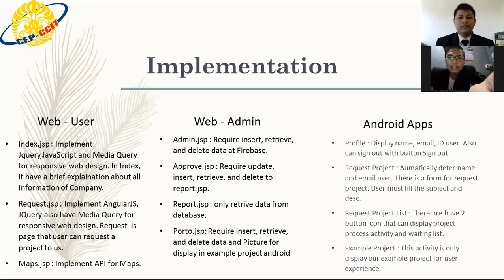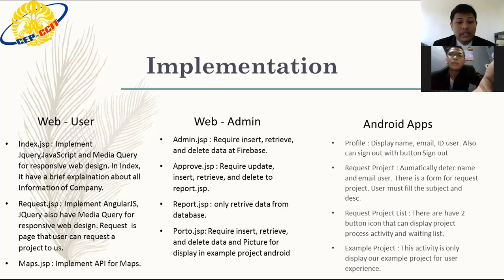Next is request project.jsp. It implements AngularJS, jQuery, and media query for responsive web design, because on this page users can request a project from us. And the last is map.jsp, which implements the Maps API.